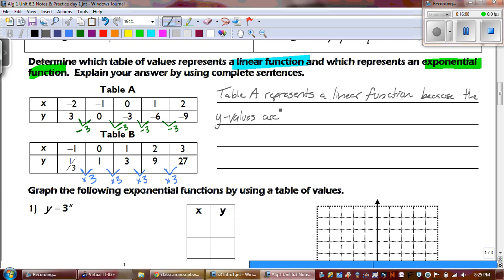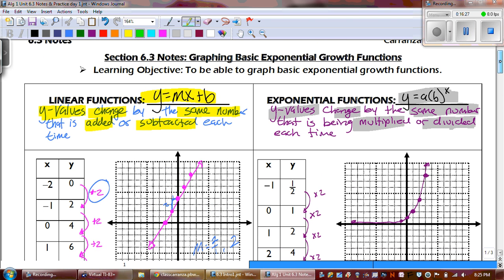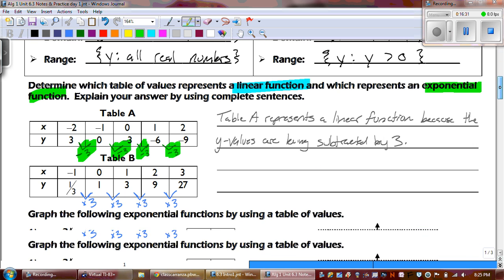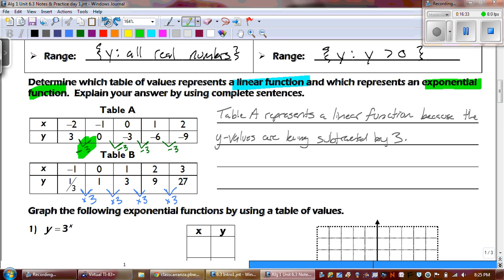Are being subtracted by 3. See, every single time it's being subtracted by 3, subtracted by 3, subtracted by 3. And remember, that's what we said at the very top, that a number is added or subtracted each time.